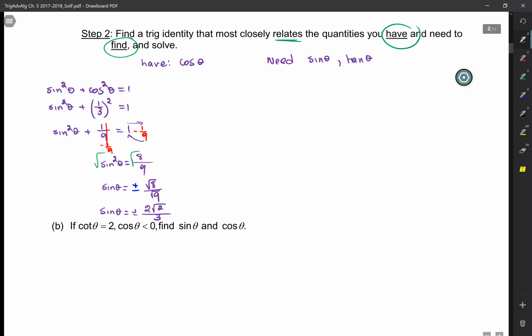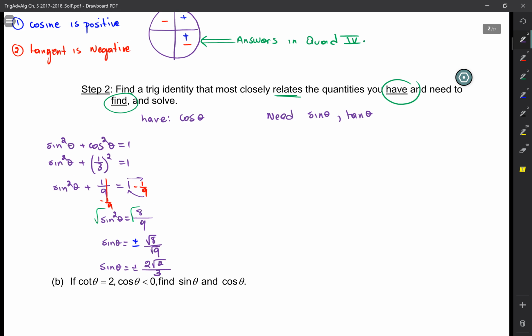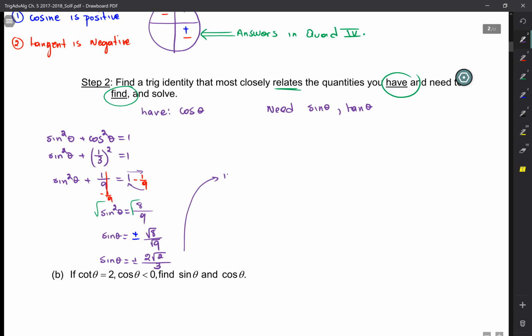Okay? And now, which quadrant was this supposed to be in? The last one. In the last one, is sine positive or negative? Negative. So we say in quadrant 4, sine is negative.